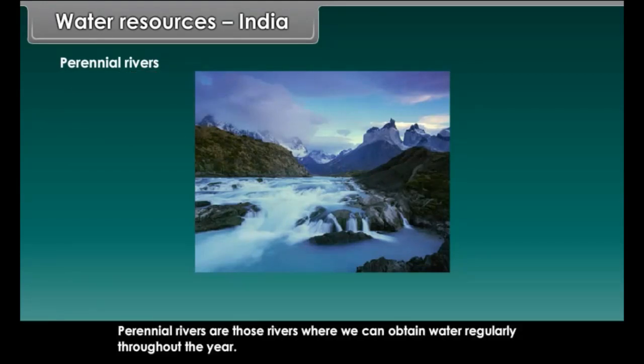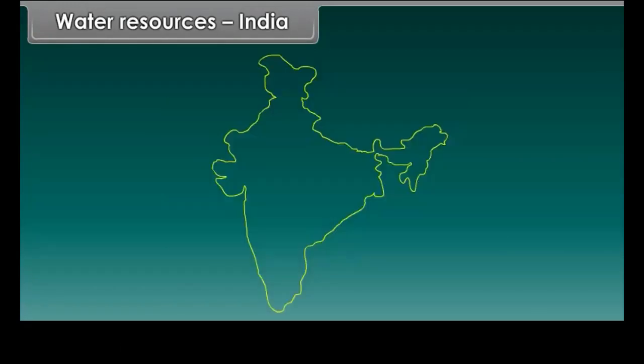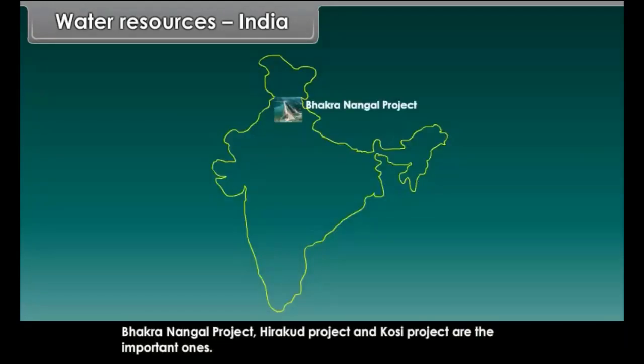Perennial rivers are those rivers where we can obtain water regularly throughout the year. India has developed many hydropower projects to generate hydroelectricity, of which Bhakra Nangal project, Hirakud project and Kosi project are the important ones.